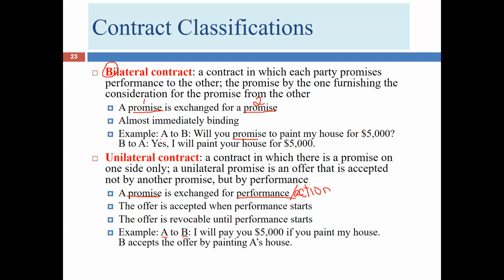So A, the offeror, is always making the promise. The issue is what the offeree, if he chooses to accept, how does he demonstrate his acceptance? Does he demonstrate it by making a promise, or does he demonstrate it by taking an action? That's the distinction. So you can see usually virtually any deal can be made into either a bilateral contract or a unilateral contract, depending upon how that offer is phrased.